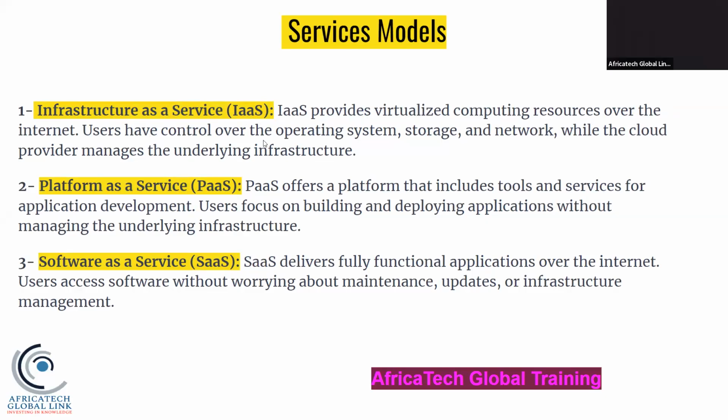So even when you are using the cloud, you will be able to access your operating system, the storage that you use, even the network. If it's AWS, they will manage the infrastructure, the maintenance, everything. But you still have control over what they mentioned: network, storage, OS.